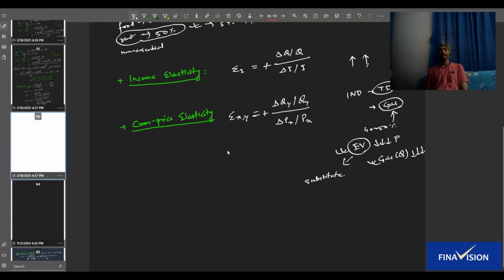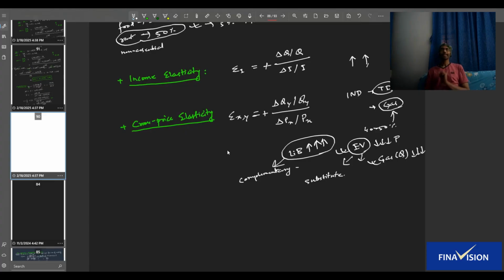So let's say due to the same uptick in the EV sales, the lithium ion battery sales go up. Now this is basically because of a reduction in price in EVs. The lithium ion battery makers make a profit because the demand increases, because more EVs are sold and more lithium ion batteries are required. Now this is a complementary relationship.